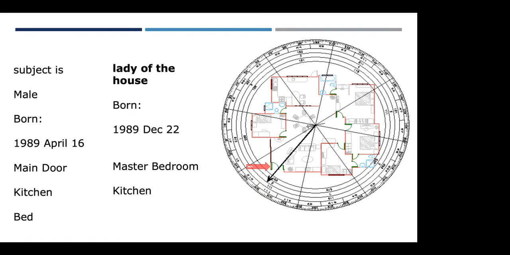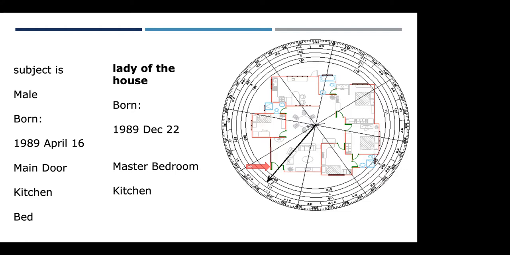Now look at the kitchen. Now look at the wife. On December 22nd, has she passed the winter solstice or not? It's already past the winter solstice for that year. The winter solstice is on the 21st, so therefore she's already in 1990.